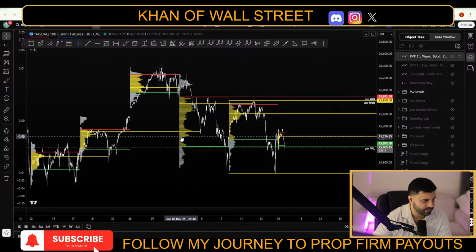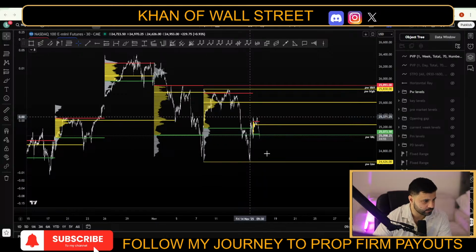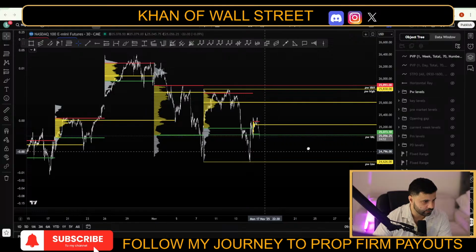This one, I wouldn't consider the volume so high here, so I really don't want to mark anything here. The volume is so low here, there's not that much volume. That's why you can see massive pumps and then massive dumps, because there just isn't really that much volume here.